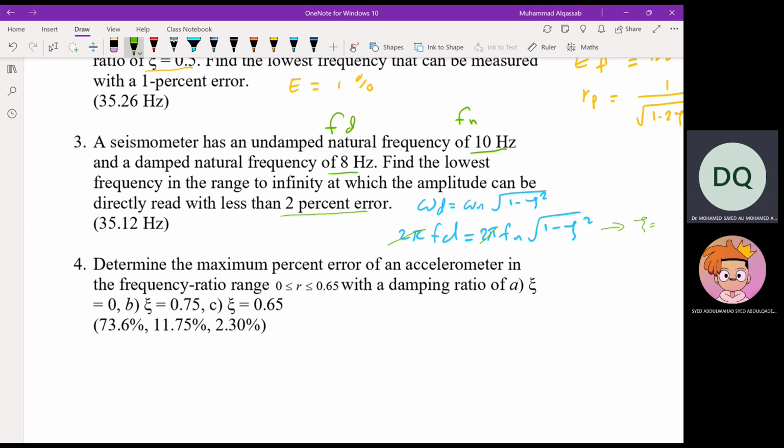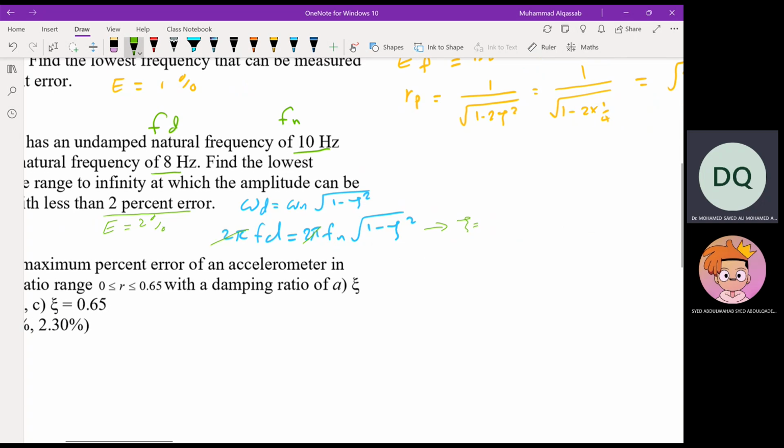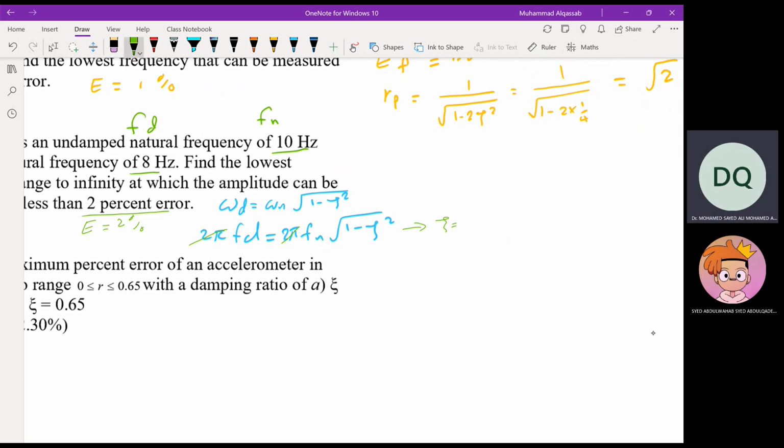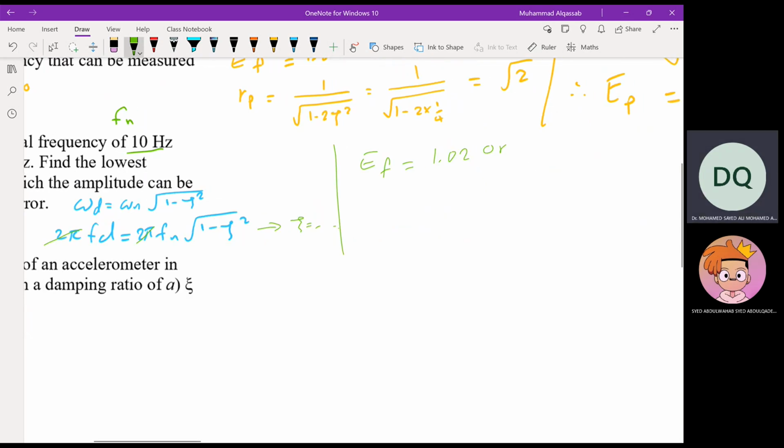And the question becomes the same as question number 2, except that the error here is equal to 2%. So the error factor will be either 1.02 or 0.98.